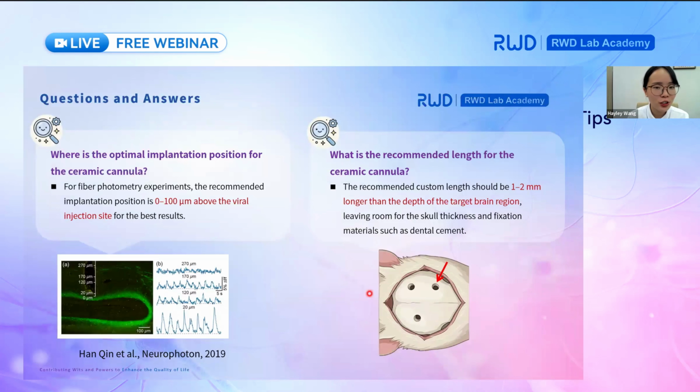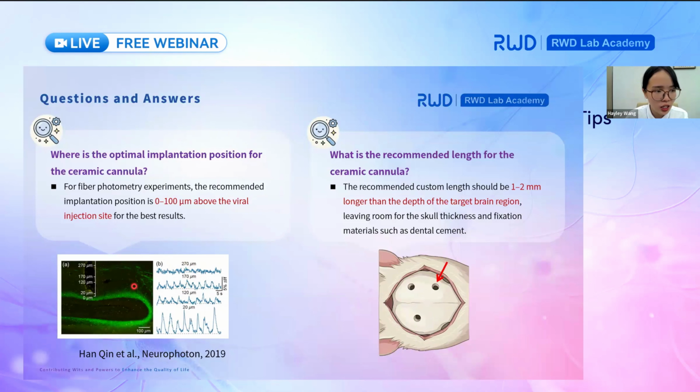First, where is the optimal implantation position for the ceramic cannula? And second, what is the recommended length for the ceramic cannula? For fiber photometry experiments, the recommended implantation position is 50 to 100 micrometers above the viral injection site for best results.